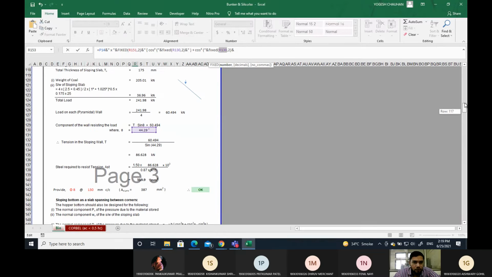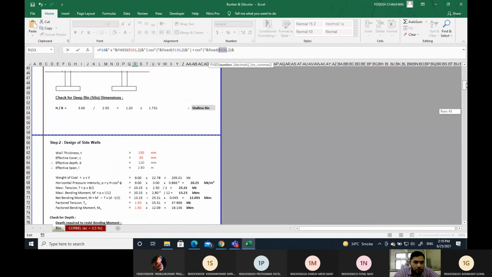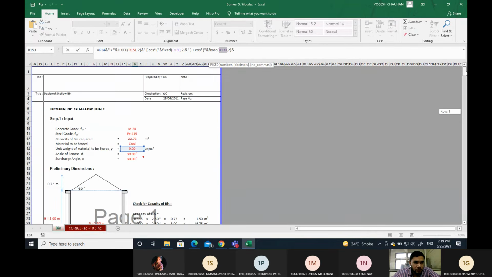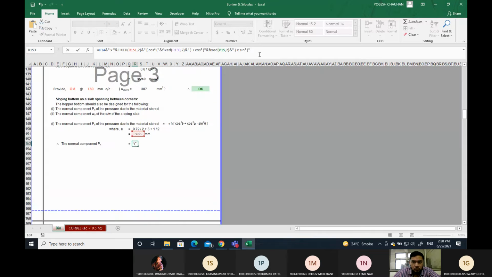So cos square phi, where phi is 30 degree. Then again bracket close, into sin square theta.